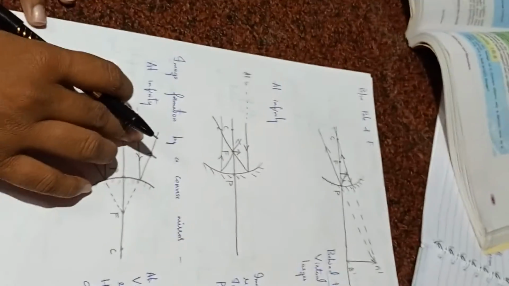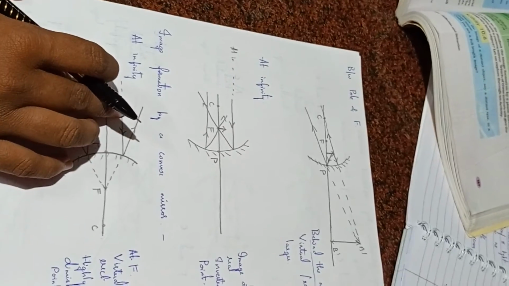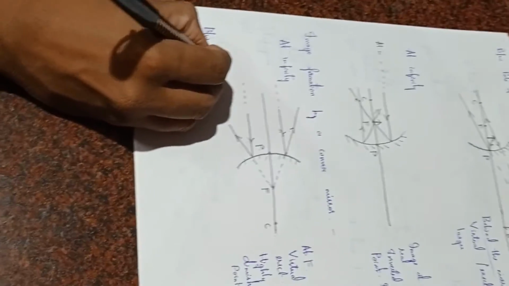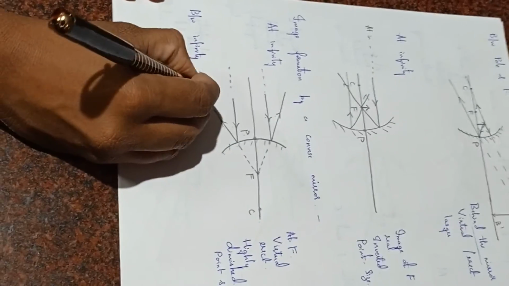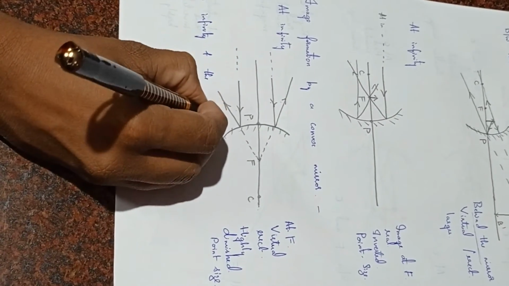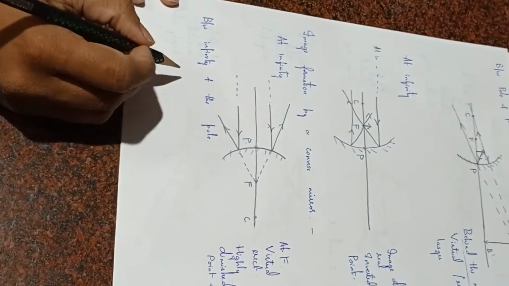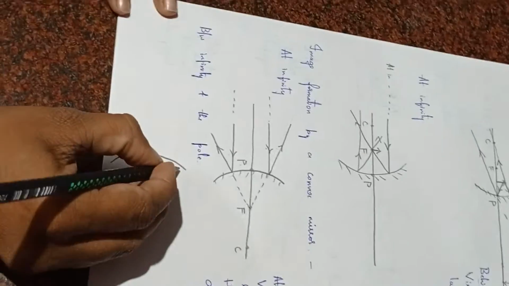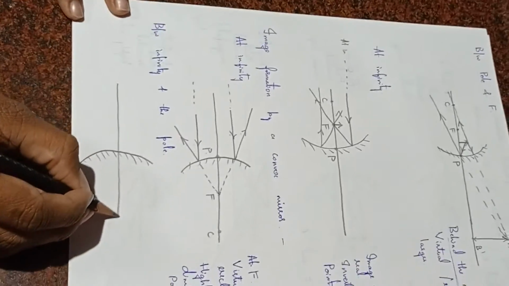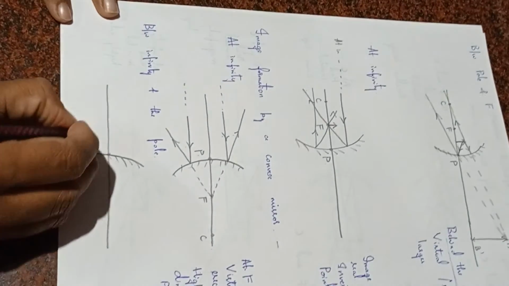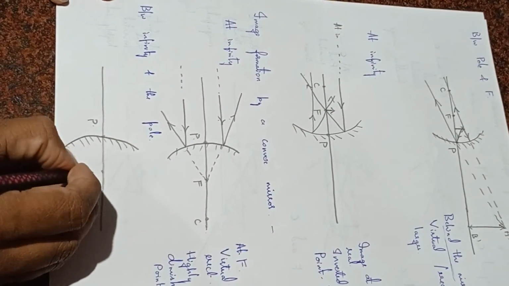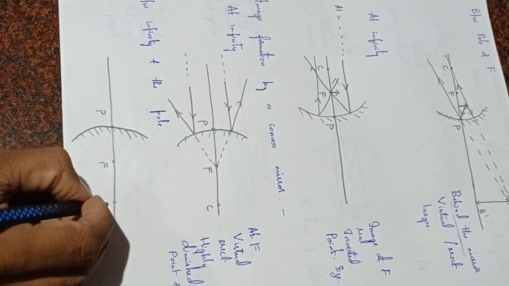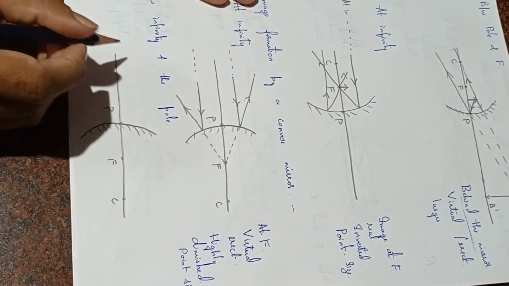Now let us see when the object is placed between infinity and the pole. So this is your convex mirror. Here is the principal axis. The pole is over here, focus is over here, and center of curvature is over here, right? Now what happens?